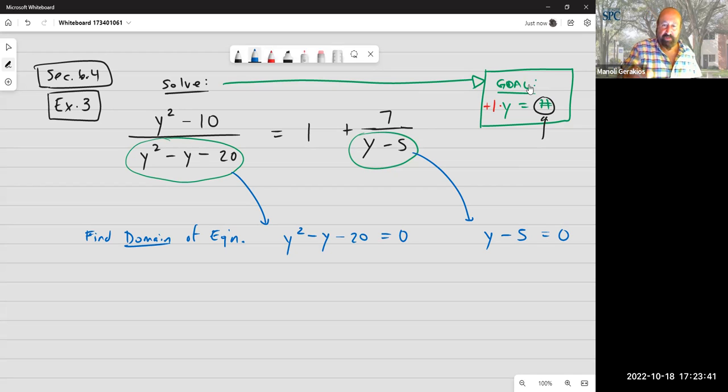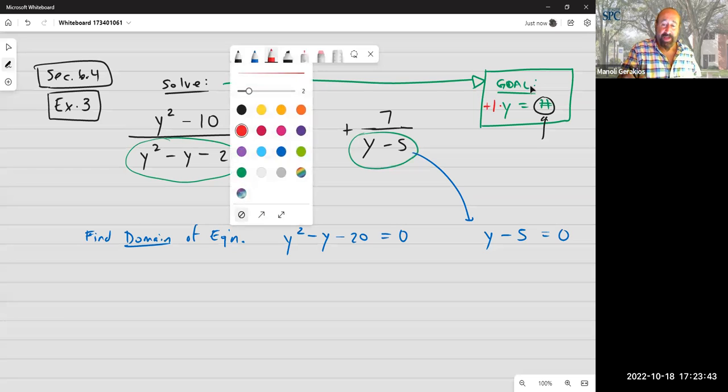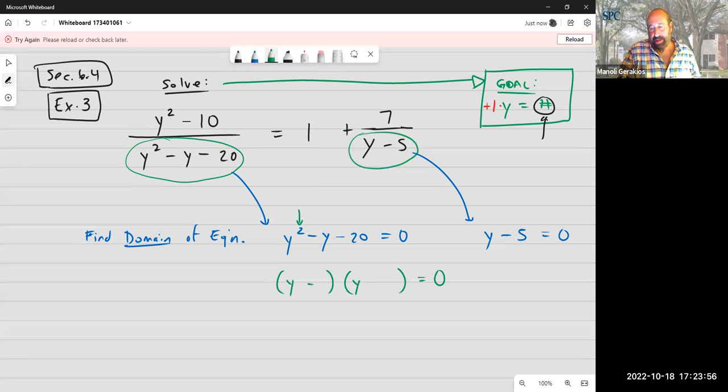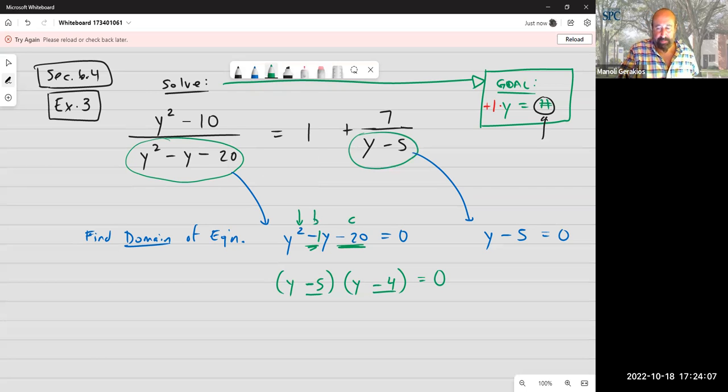When I solve the first equation, I realize we've got a trinomial. It's quadratic, solved by factoring. I just did the two tables method in my head: factors of C whose sum is B, which is -1.